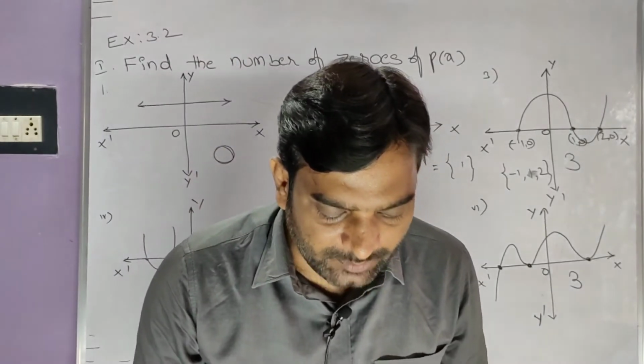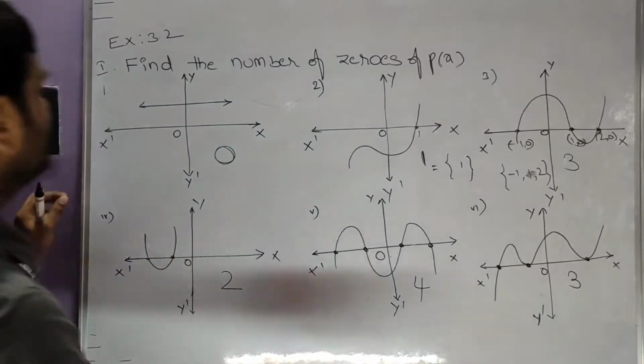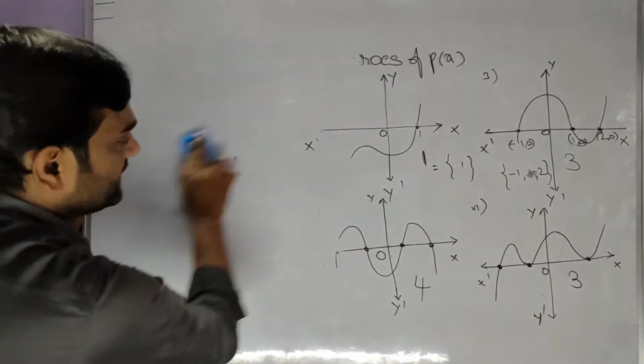Now coming to the second bit: find the zeros of the given polynomial. Exercise 3.2, second bit.